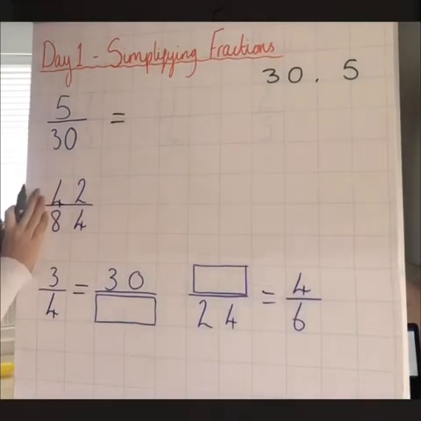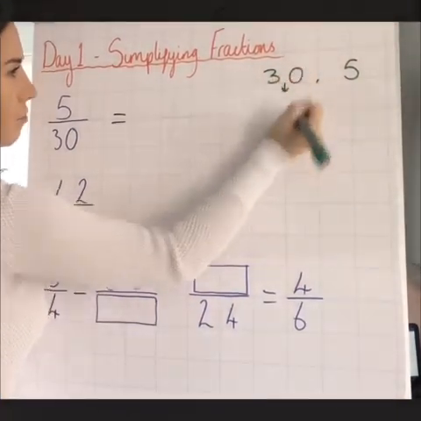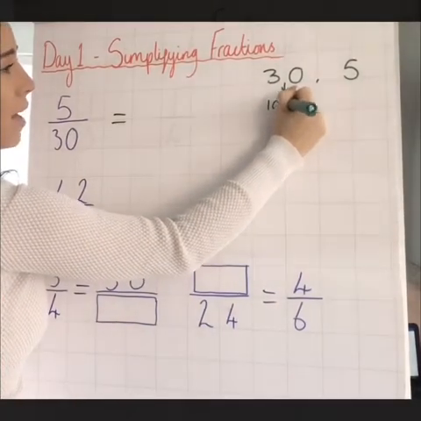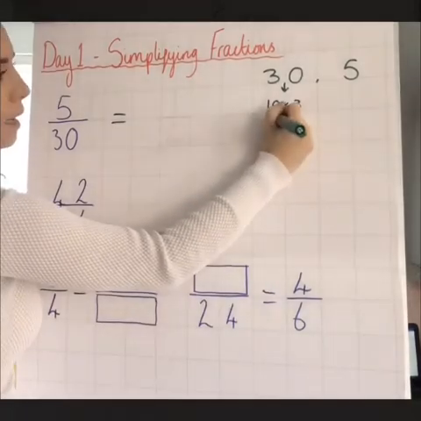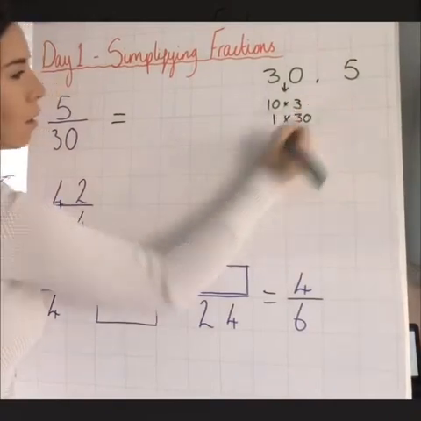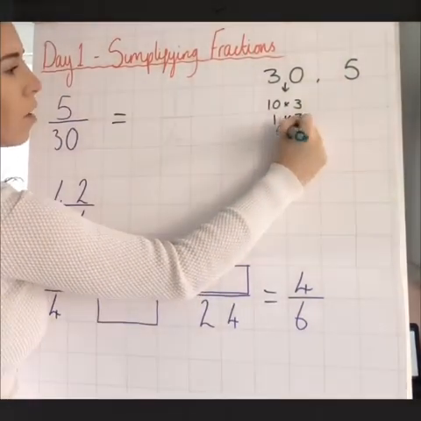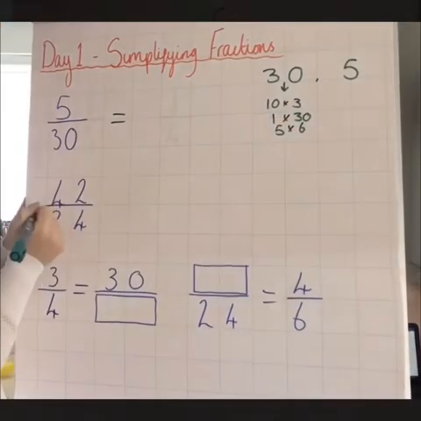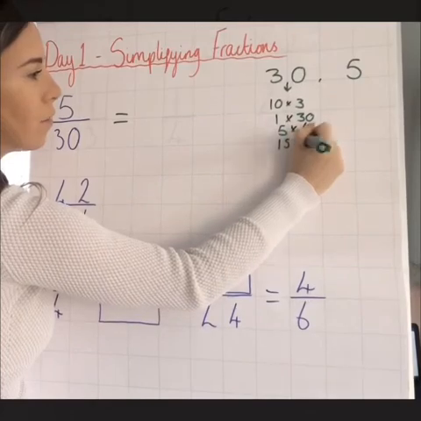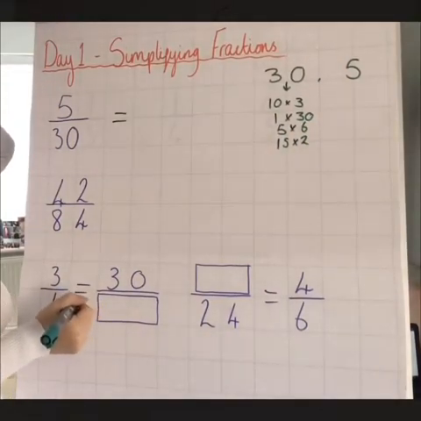So I know that for 30, I can have 10 times 3, I can have 1 times 30, I can have 5 times 6, I can have 15 times 2, and I can't think of any more.